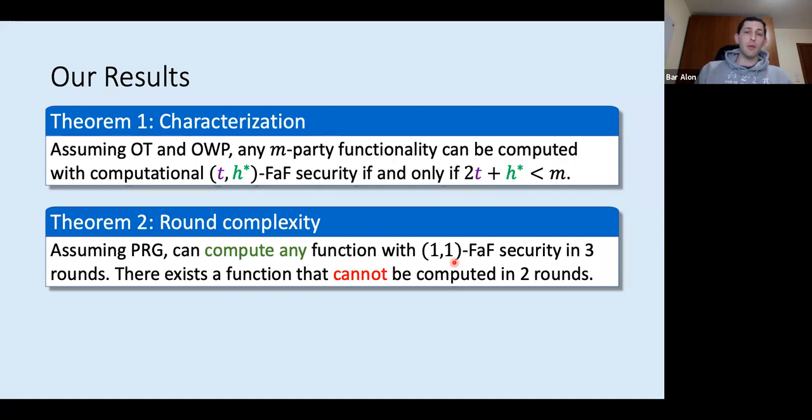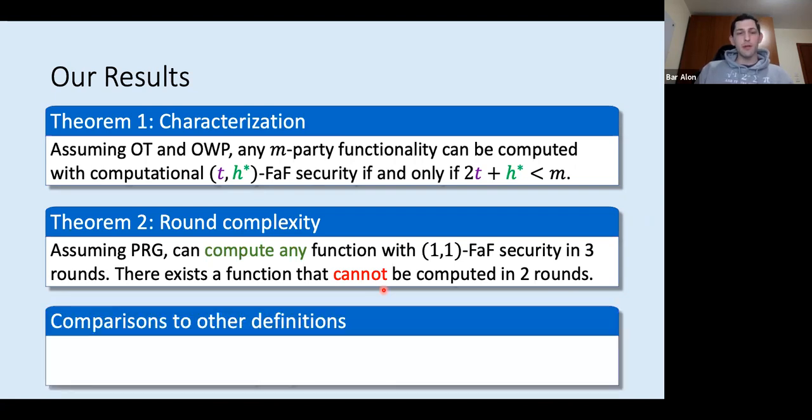We also give a complementary result showing that in two rounds, there exists some function that cannot be computed. This sheds light on what I said at the very beginning of the talk about the result of Ishai, Kushilevitz and Paskin-Cherniavsky, that utilizes the fact that honest parties can reveal information to each other in the classical definition in order to reduce round complexity to two rounds. This result showed that revealing that information was actually necessary in order to reduce the round complexity so low.